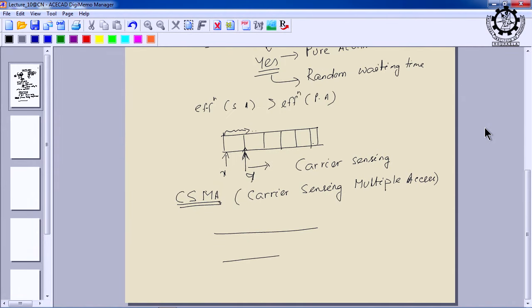Let us say we have a channel, one node x is ready, another node y is ready here. Now, x has data to transmit. Instead of just releasing the data, it sends the carrier, because it is connected to the channel, and checks it. If it finds certain signals are being transmitted through the channel, definitely it gets back a collision or a kind of feedback message.